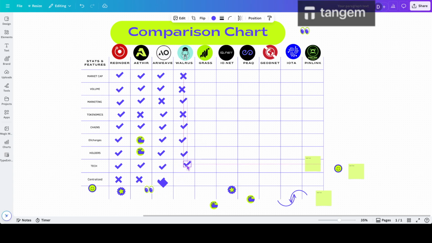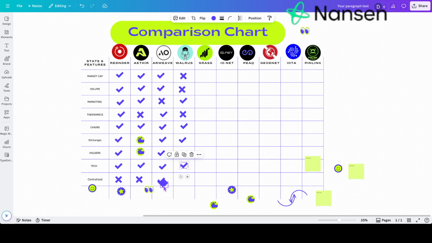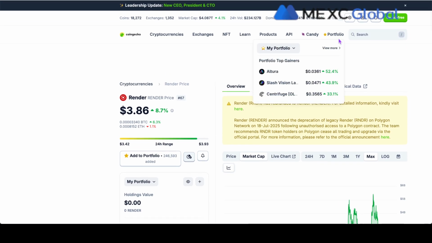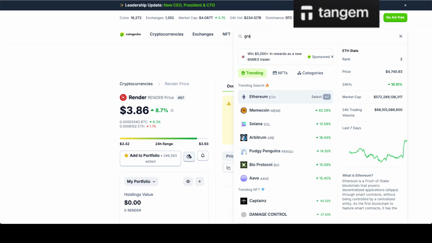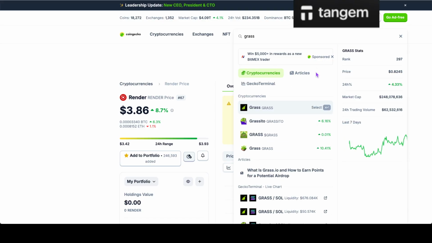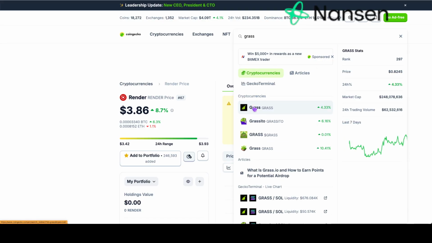The tech is absolutely magnificent. And whether it's centralized or not, I'll have to do on-chain analysis when the oracles are updated on the Nansen profiler. Okay, let's move over to Grass. By the way, for me, Walrus can potentially do like a 7x or 10x maximum.